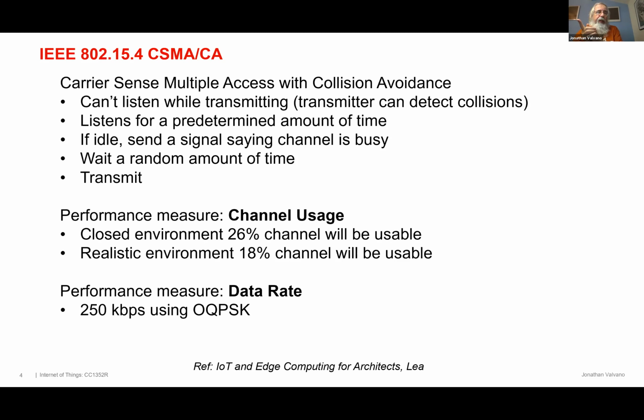Now, the performance measure, if you'd like, of this process is because there's a lot of waiting and a lot of listening and a lot of things, you can't use all the bandwidth, okay? You can't really use everything that's out there because it's not prescribed.